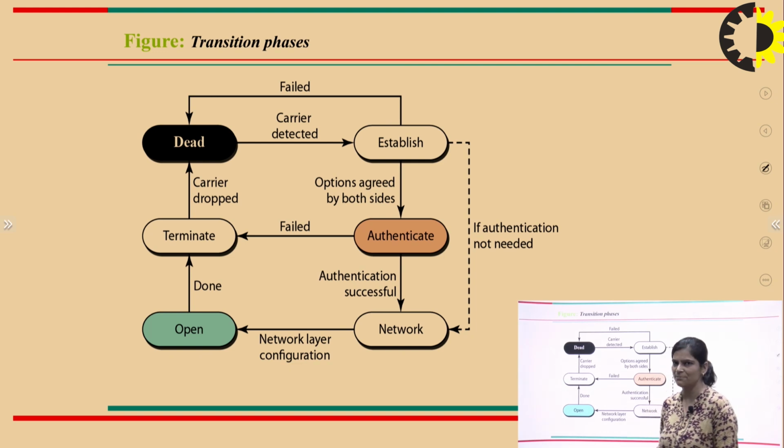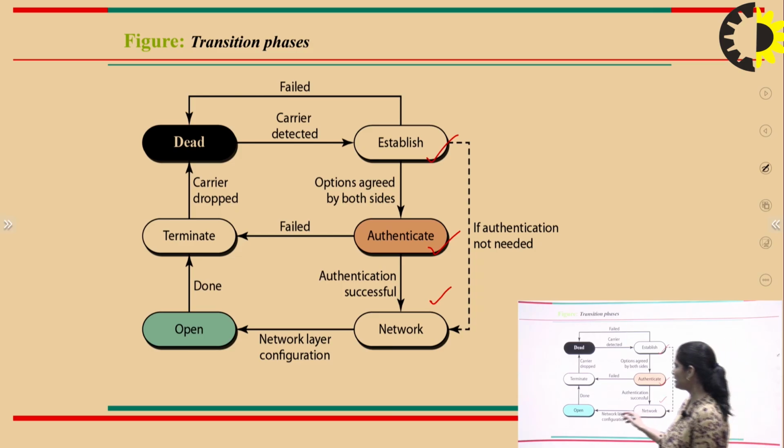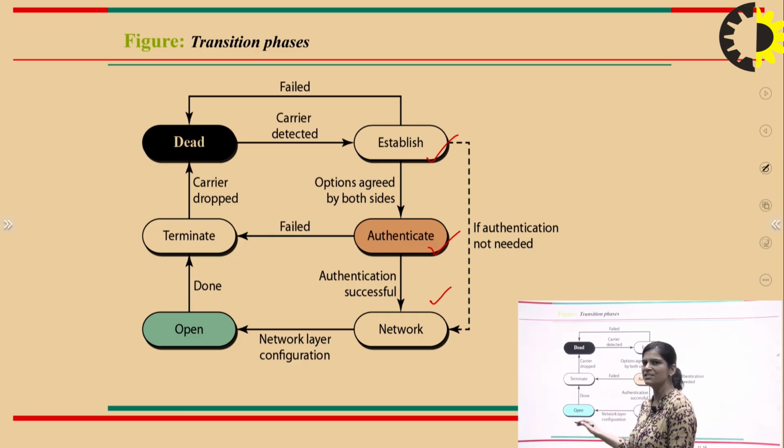Here these are the transition phases when we are sending data from sender to receiver. First we have to establish the connection, then send the data, then disconnect. First we establish the connection between sender and receiver. Then we have to authenticate. If authentication is successful, then network layer configuration is there, and the link is open.